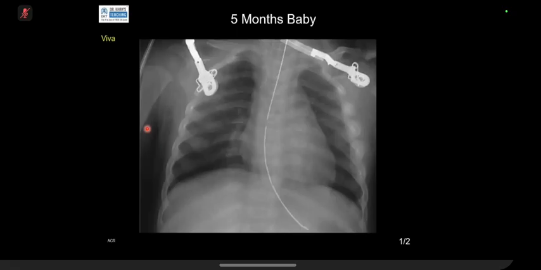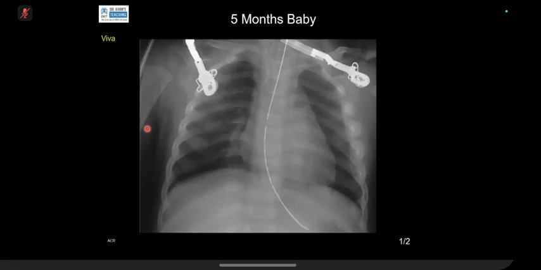This 5 months old child X-ray. Look at the ribs. This is your last case.